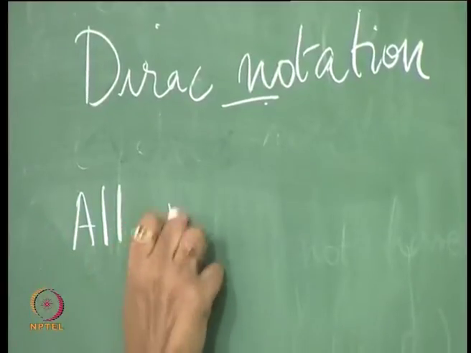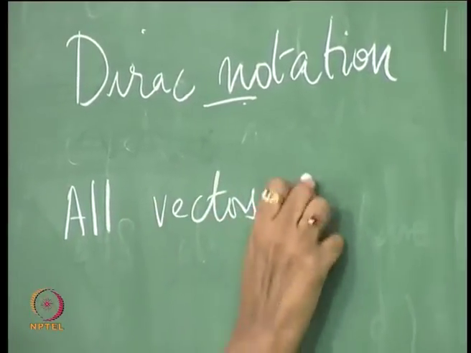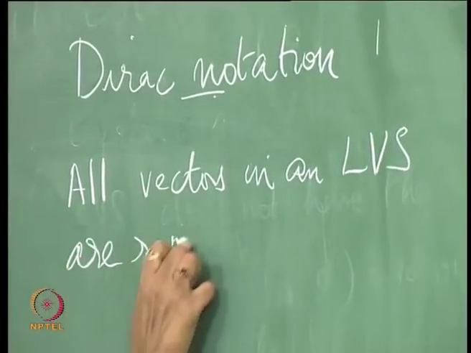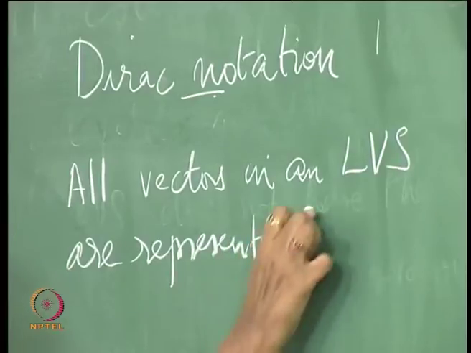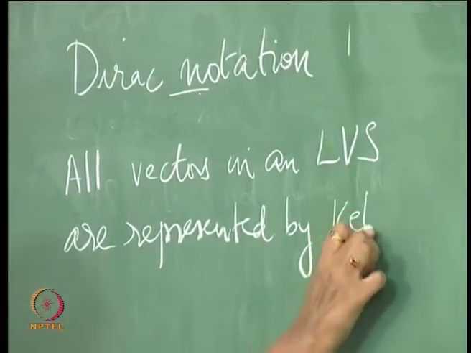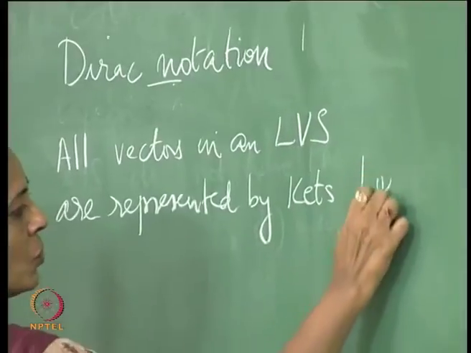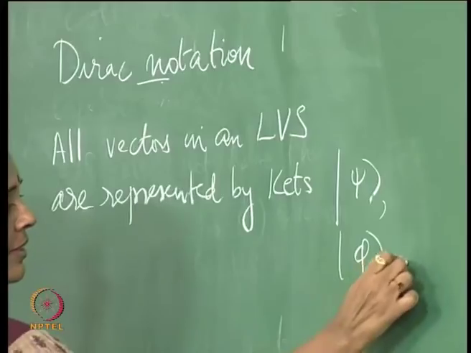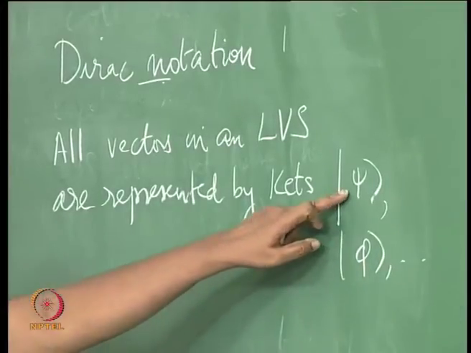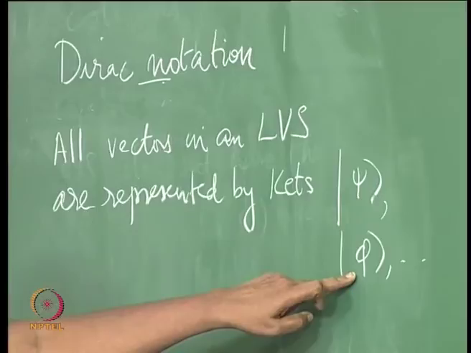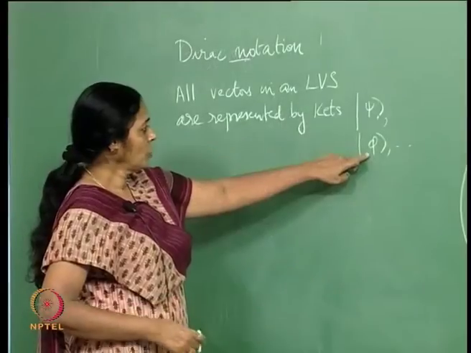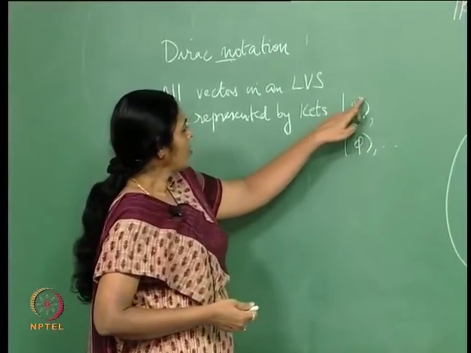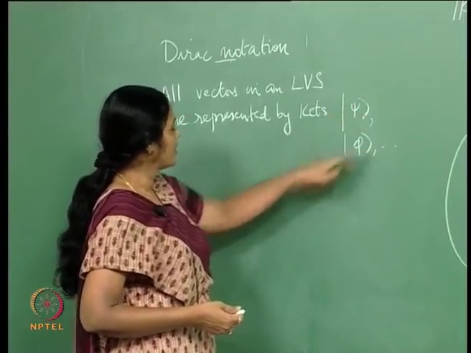All vectors in an LVS are represented by kets. What are kets? So, this is a ket, as ket psi, ket phi and so on. The psi is a vector, phi is another vector in the linear vector space. You can call it a vector, you can call it a state in a linear vector space. So, I put it like this, this is a ket.